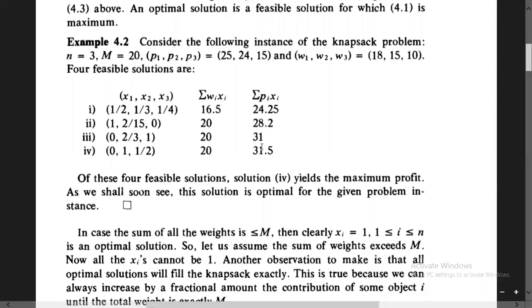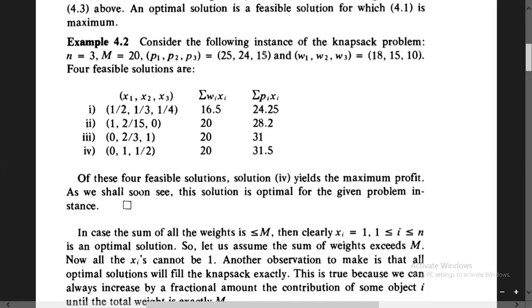Okay, so for each one of it, you have applied different strategies. What are the different strategies? First, you have tried to arrange the profit in non-increasing order. That is, you take the highest profit first and then the next highest profit. So you have tried to choose the item which will give you the highest profit first. That is one method.